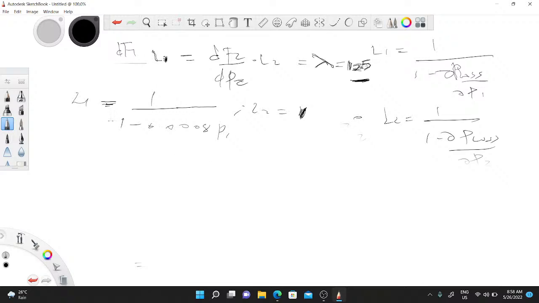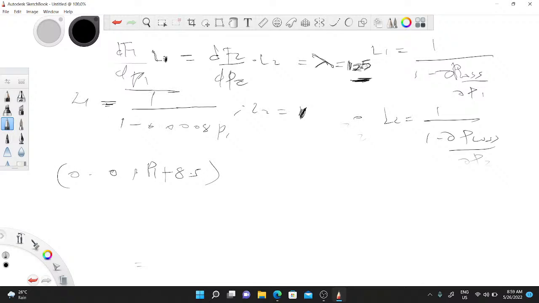How do I move on to find how much each of them will generate? Now I know that F1 prime of P1 times L1 is equal to 12.5. So I'll apply that. The F1 prime of P1 that was given in the question was 0.01 P1 plus 8.5.